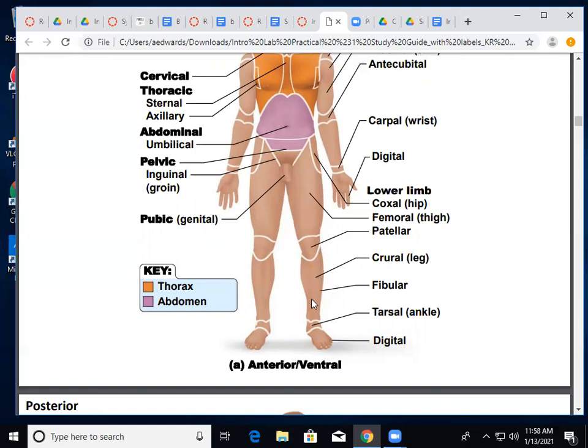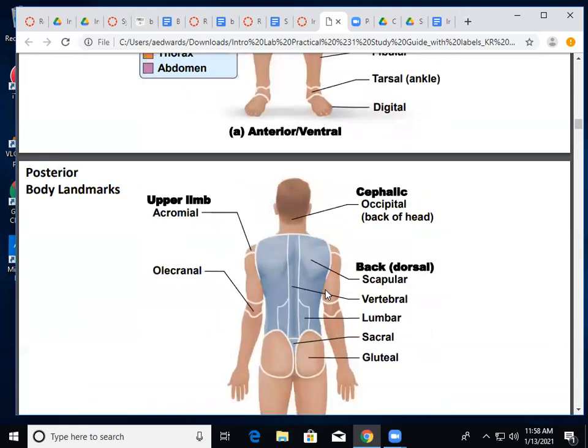Crural, for this front part of the lower leg, C-R-U-R-A-L. Toward the side, we say fibular, that's where the fibula bone is. The ankles, we call that tarsal. Toes are digital. So that's the anterior or ventral surface body landmarks.